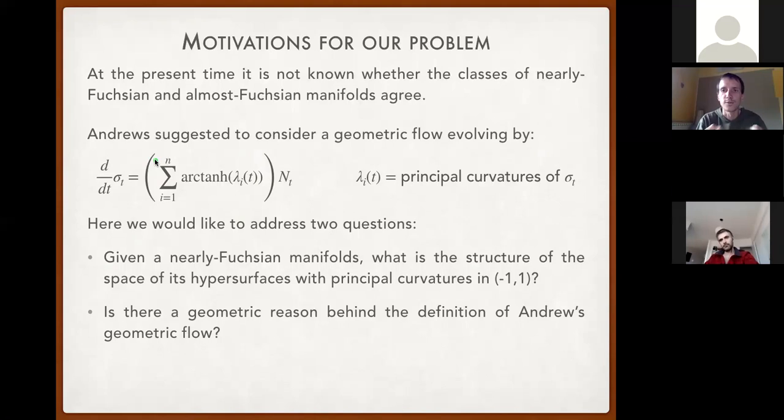But if you want to prove that this maximum principle holds, there is a sort of algebraic manipulation, and you have some miraculous cancellation that occurs, but I didn't have a deeper reason why this is the right flow to look at. So the other question I want to address is whether there is a more geometric reason, not just computing a maximum principle analytically, why one should be interested in this flow. And I will say something hopefully at the very end of the talk.